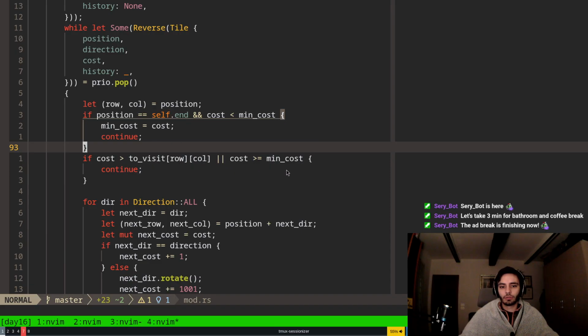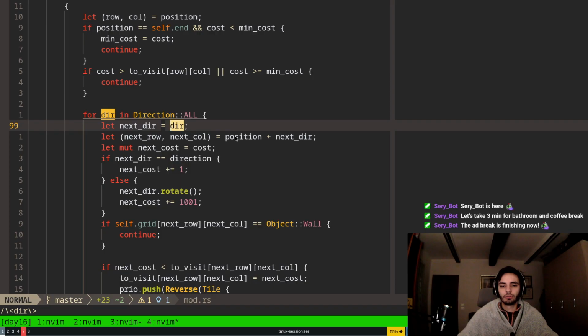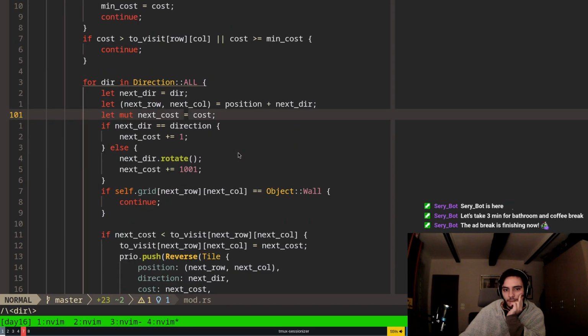If cost of is row continue, for dir in all direction. Next row, next col, position plus next dir. Next cost equals cost. If next dir equals direction, next cost plus one. Yeah. Else next dir rotate, next cost, whatever.